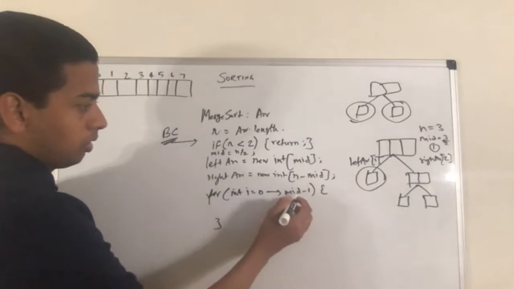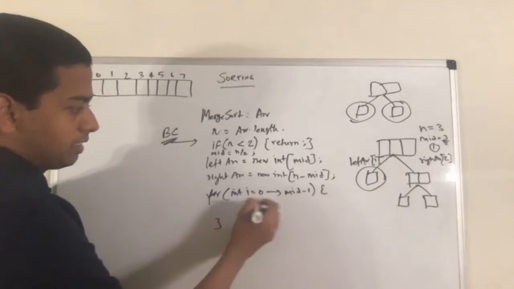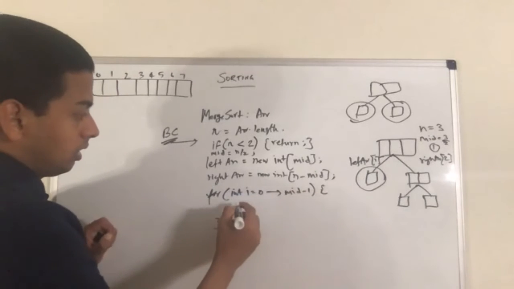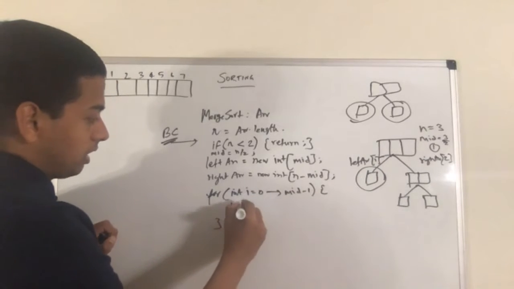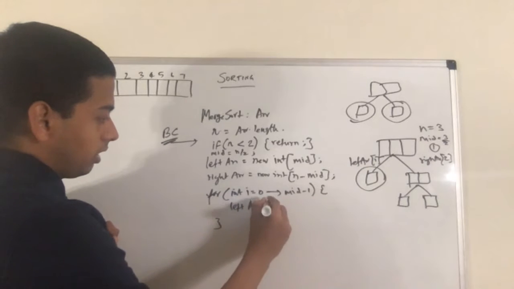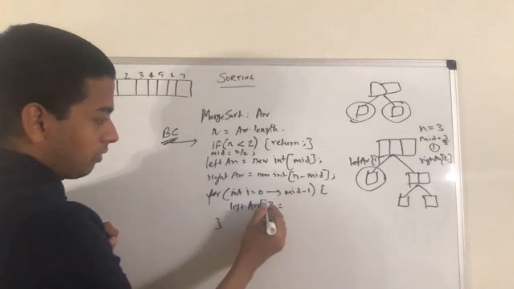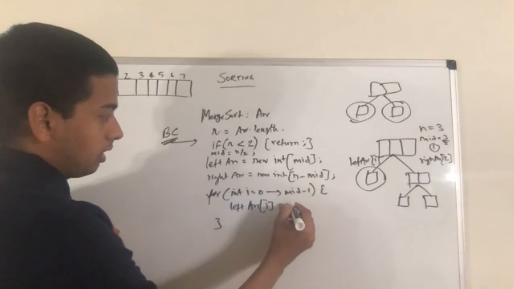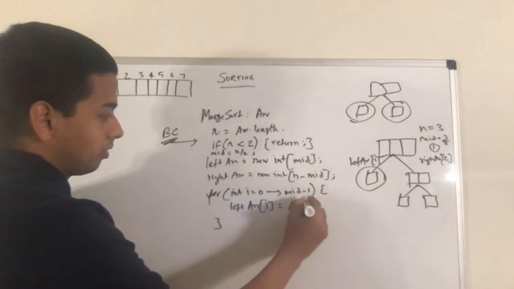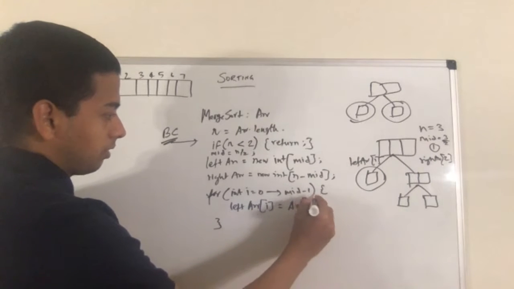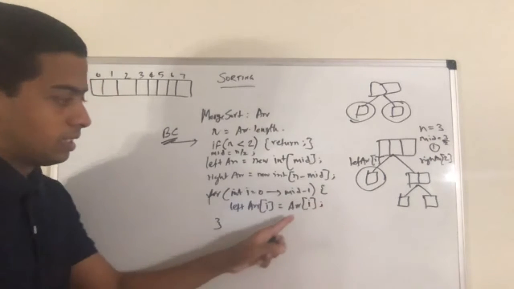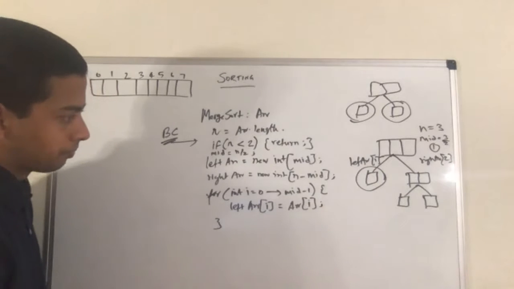So 0 to mid minus 1 is 0, so I will insert only the 0th element. Where will I insert? I will insert into left array of i. What will I insert? I will insert the parent array of i.